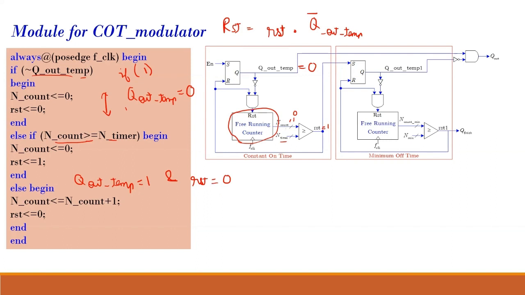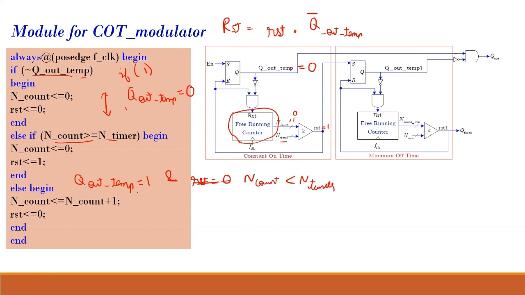This happens when Q out temp is 1 and reset is equal to 0, which means my n count is less than n timer.